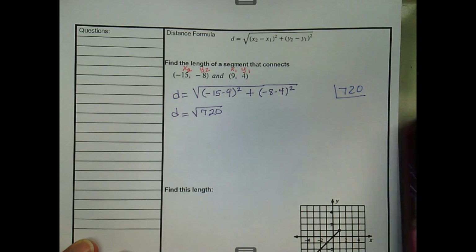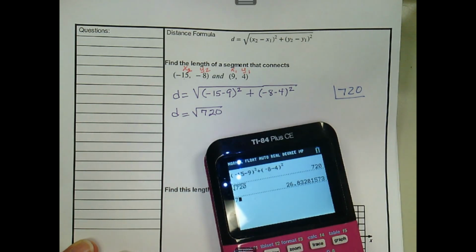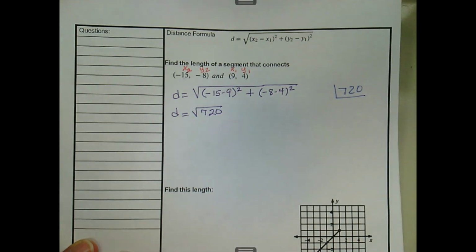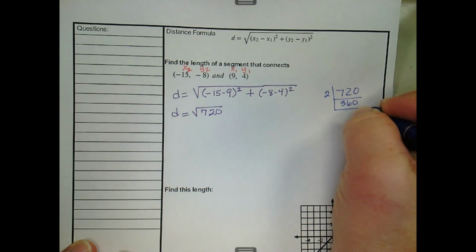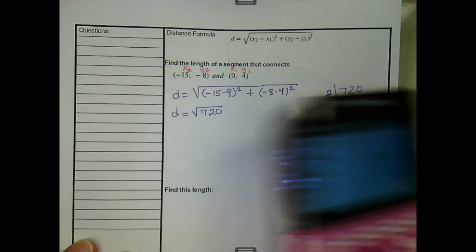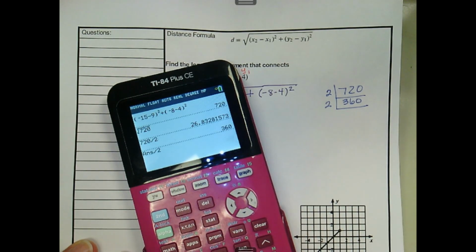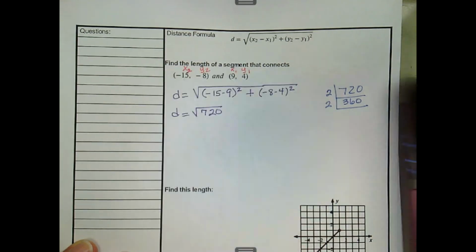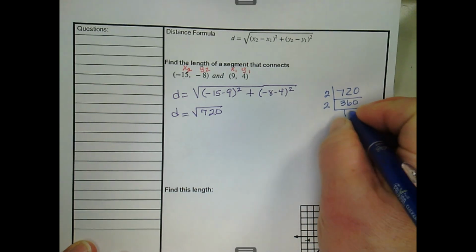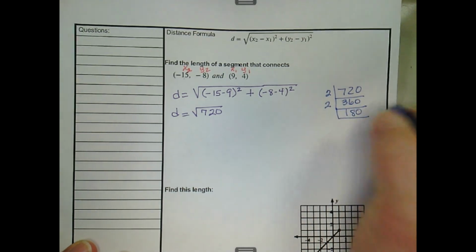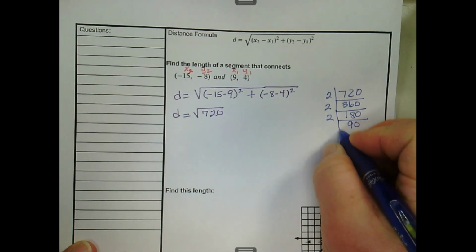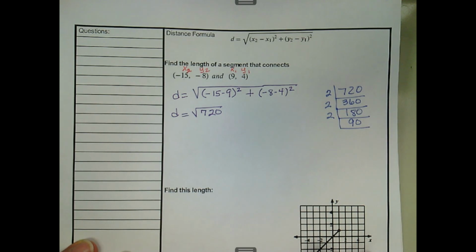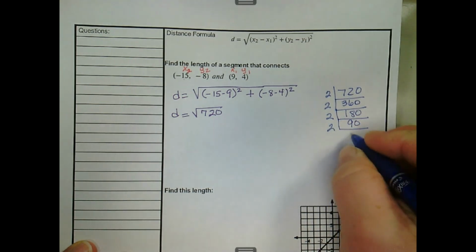So I can divide by 2. 720 divided by 2 gives me 360. 360 is even. So in my calculator, I'm going to divide it by 2 again. I get 180. 180 is even. Divided by 2, I get 90. 90 is even. Divided by 2, I get 45.